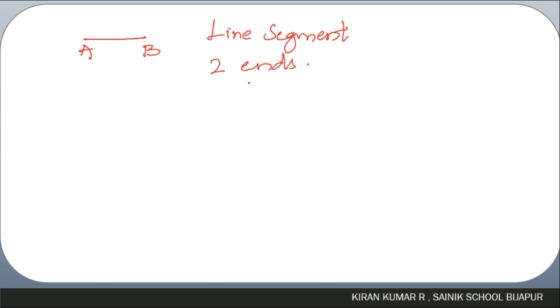Now let me consider another part of a line, which is called a line segment. This is a line segment. A line segment will have two ends. It can be measured.